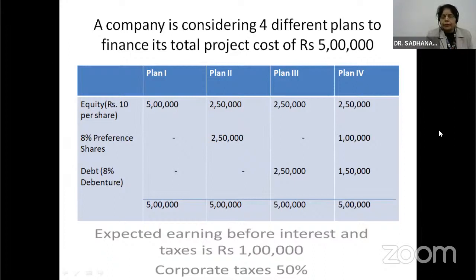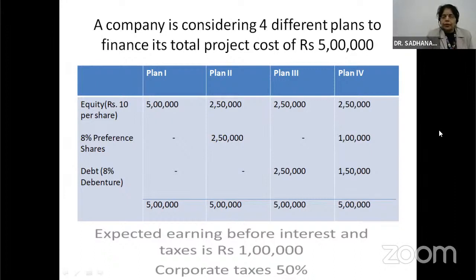Total amount of 5 lakh is required, and half of the amount of rupees 5 lakh, it means 2 lakh 50,000, through equity shares of rupees 10 per share each we have to get, and 2 lakh 50,000 as 8% preference shares we use in plan 2.